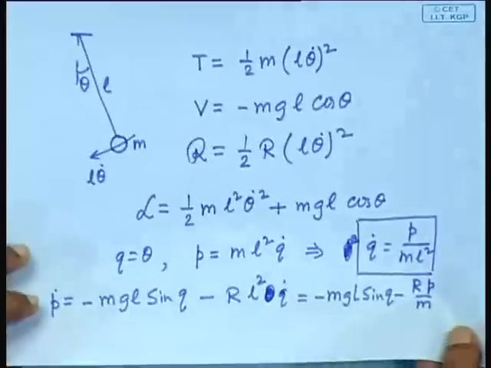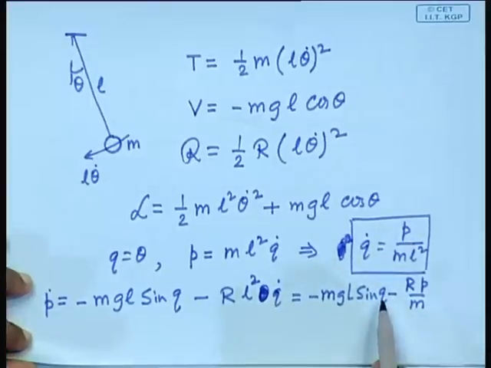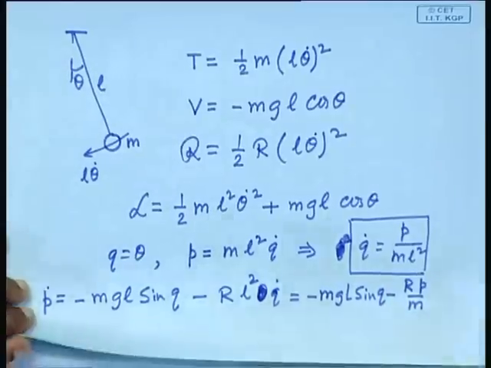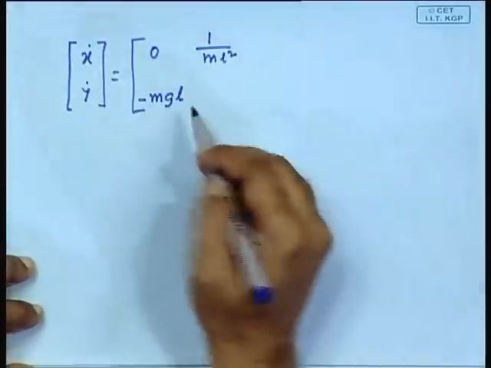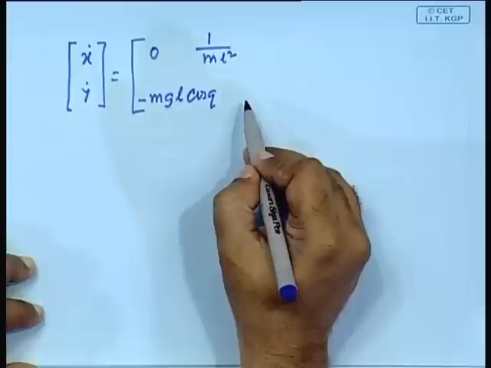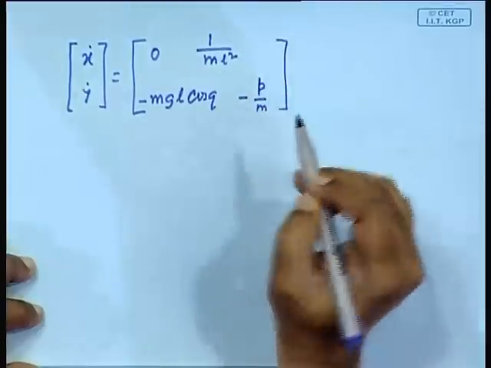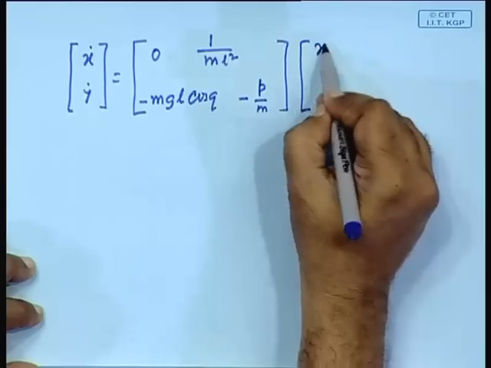We are writing the Jacobian matrix. Here we have to differentiate it with respect to q. Sin q will become cos q. And here it is minus, okay, x y.